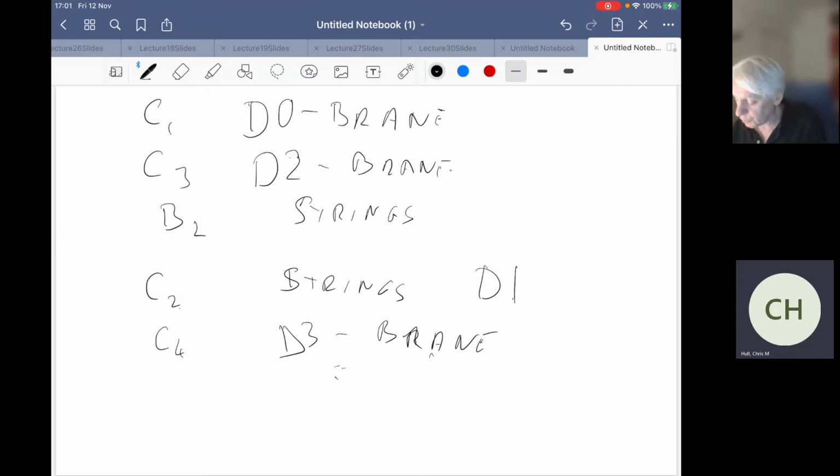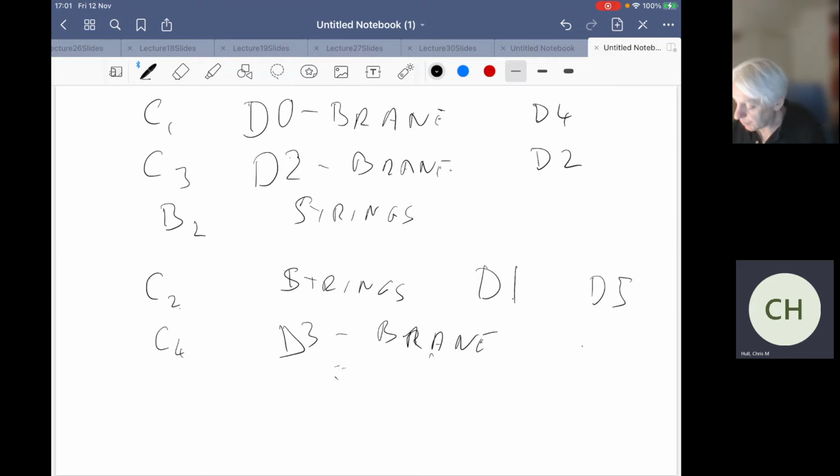So these are the electrically charged ones. There are also magnetically charged ones. We have a D4 and a D2, and here we have a D5, and this is self-dual, so we get the D3 again. So one can realize the 32.